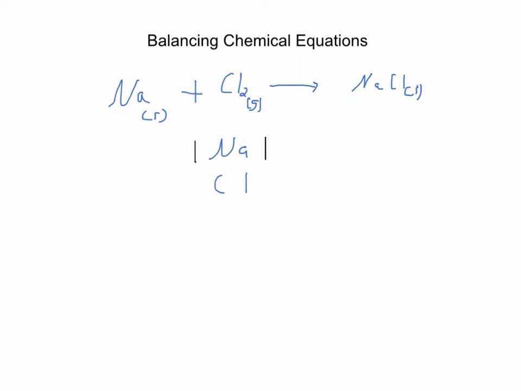For chlorine, this subscript in the reactant side tells me I have two chlorine atoms. So I have two chlorine atoms on the left, and on the right, I only have one. There's no subscript there. So the question is, well, how do I balance this?